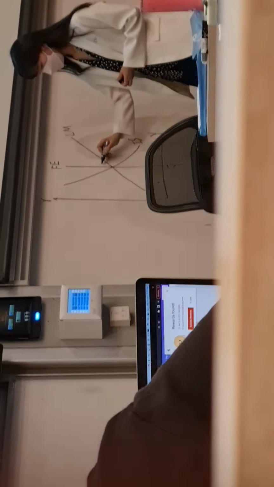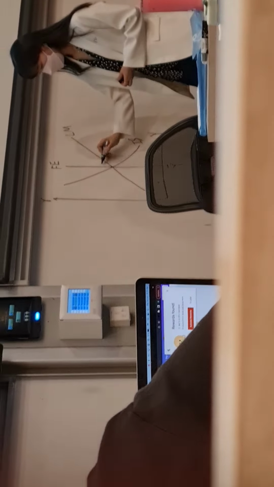All right, let's look at an application of a temporary adverse supply shock. How the supply shock affects the economy. Suppose we start from the general equilibrium at E, and the output is equal to the full employment level of output, Y bar.